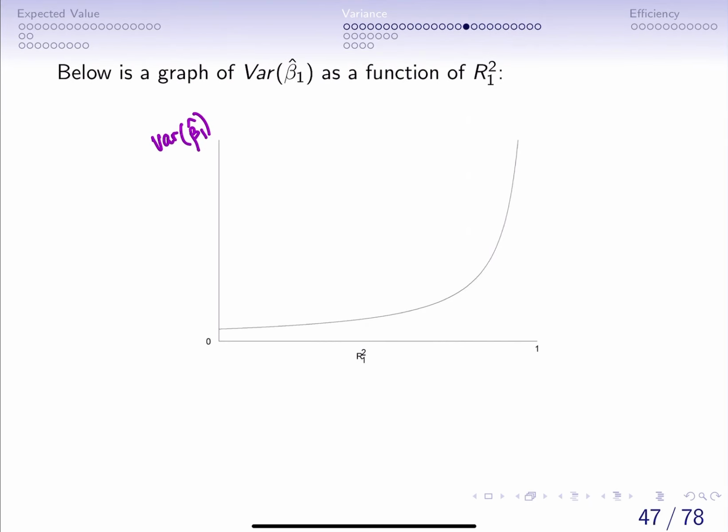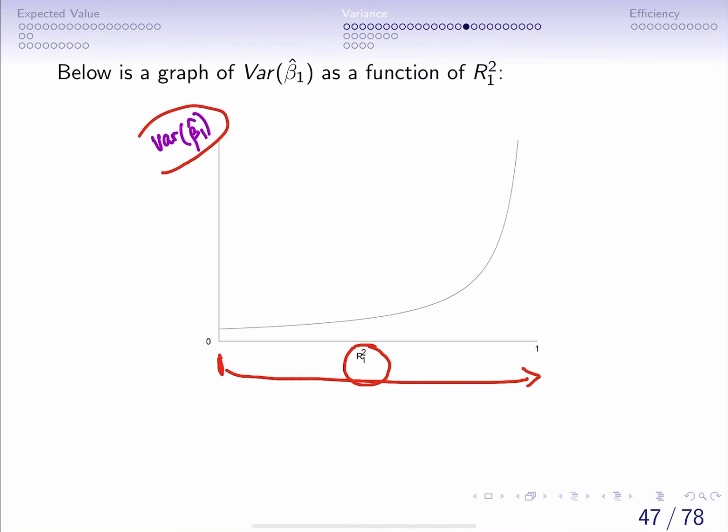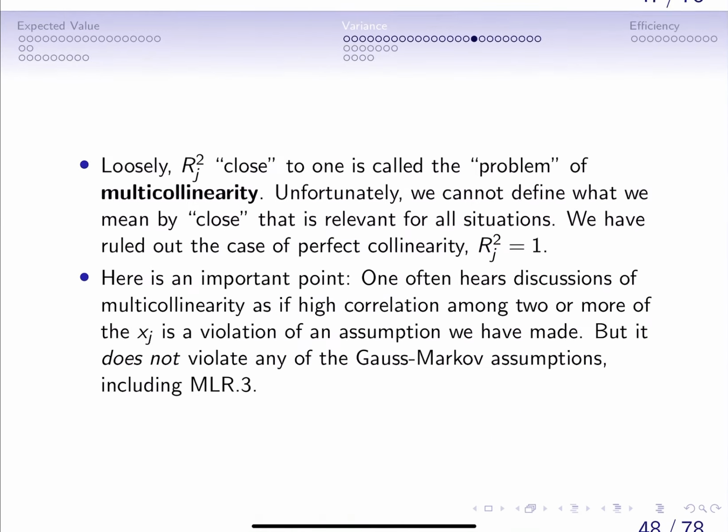And here's a graph that's showing you this nice relationship with your R squared j. As R squared j goes from 0 all the way to 1, you can see that the variance, which is measured on the y-axis, the variance of your estimator just increases, right? So here this is going to approach infinity.